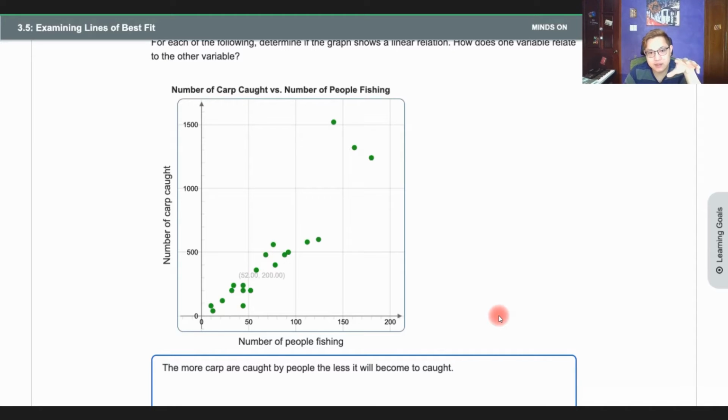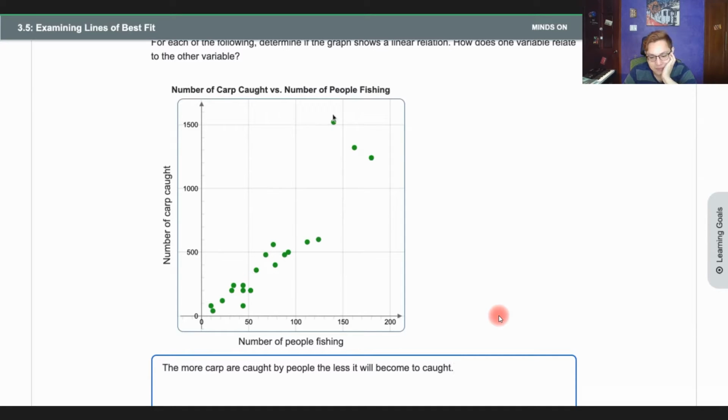In the first area, from 0 to 130, the more people fishing, the more carp will be caught. But in the second area, from 140 to 180, it's the opposite. It's the other way around. So you have to divide it into two areas, I think.